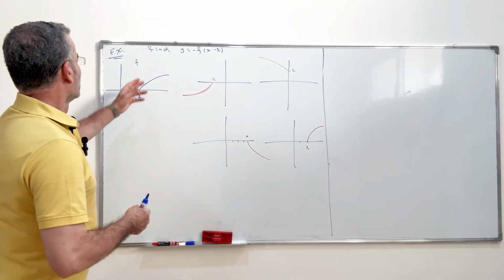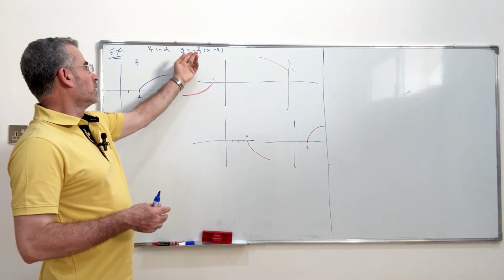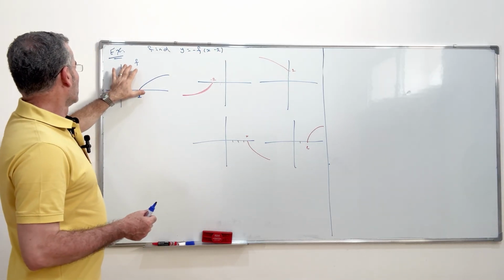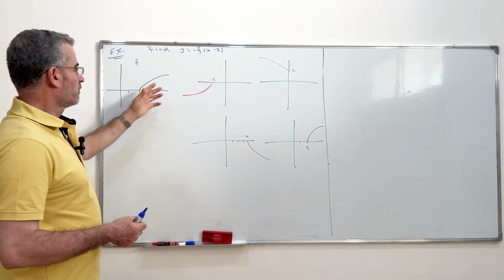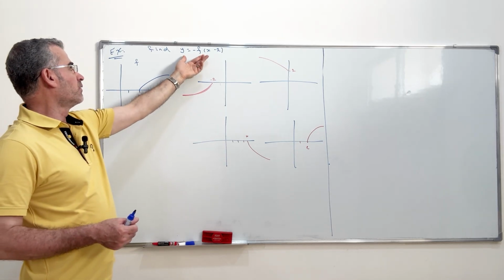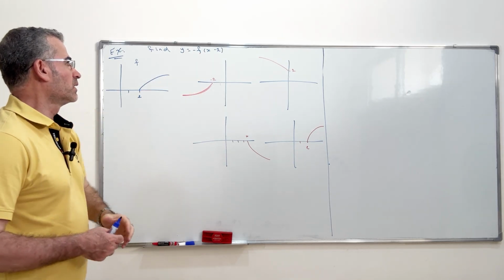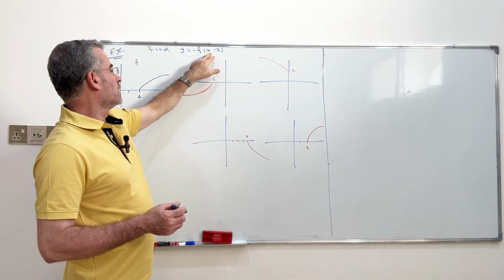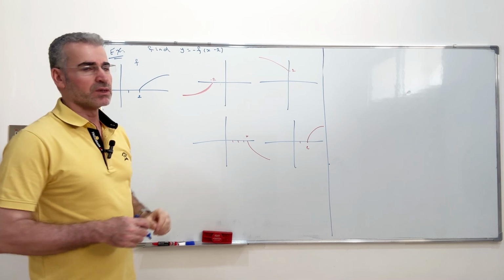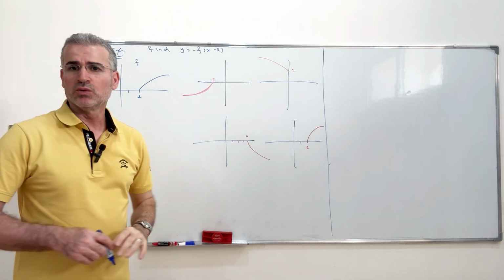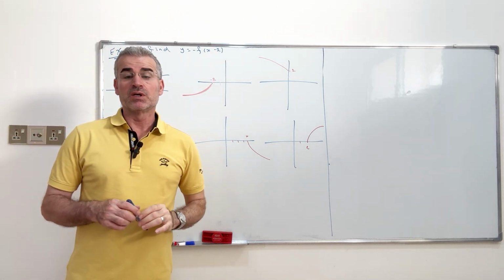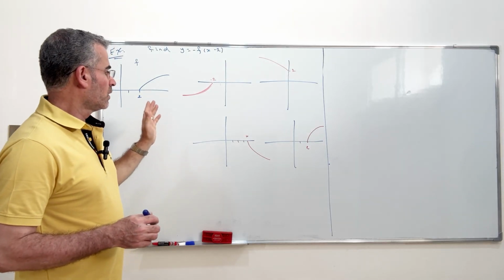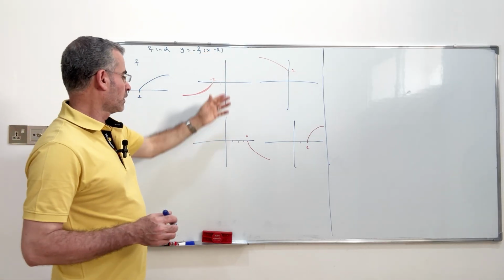Example: find y equals negative f of x minus 2 if this is the graph of f. Which one is the graph of this function, y equals negative f of x minus 2? This function contains two transformations. The first one, x minus 2, is a horizontal shift 2 units to the right.